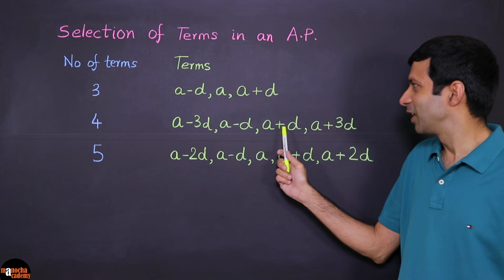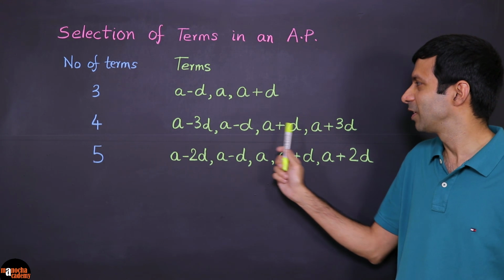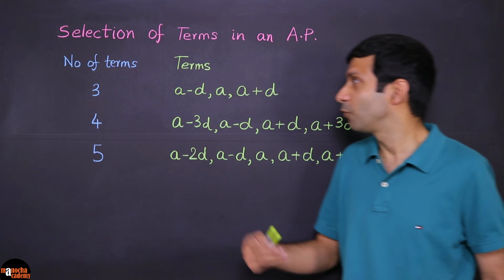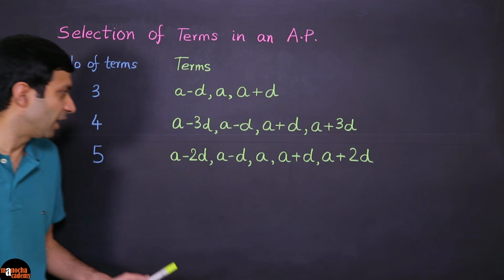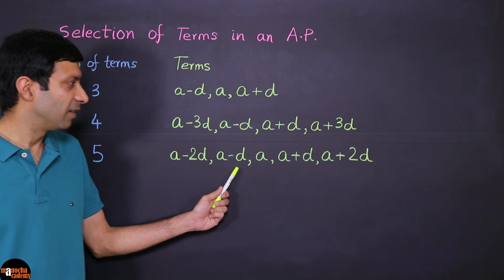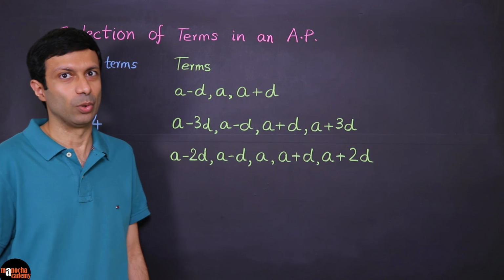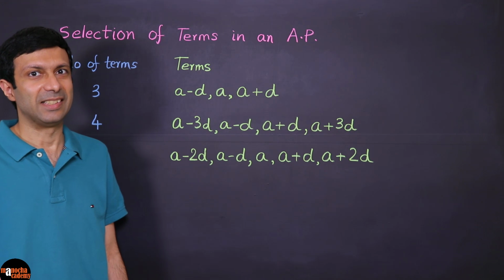Okay, because if you subtract this term and the preceding one, the previous term, you will get a difference of 2D. And if you're given that 5 numbers are in AP, then what can we take? Then we are going to take the terms as A minus 2D, A minus D, A, A plus D, and the 5th term is A plus 2D. Now here the common difference again is, as you can see, D.